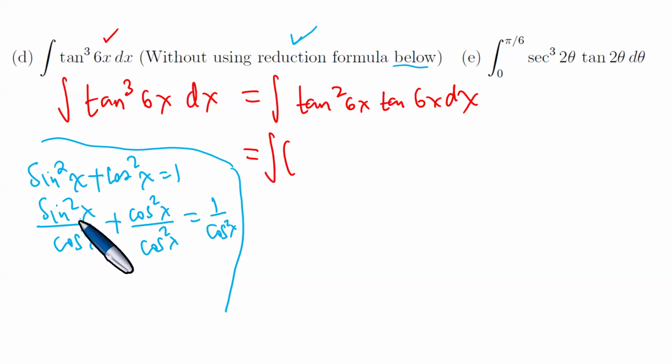When you have sine squared over cosine squared, it is the tangent squared. The cosine squared over the cosine squared is 1, which equals the secant squared.